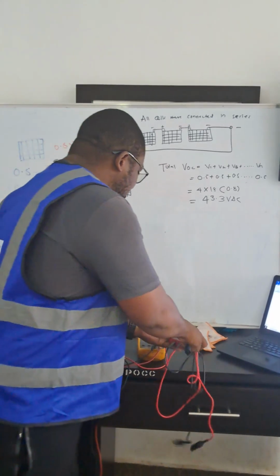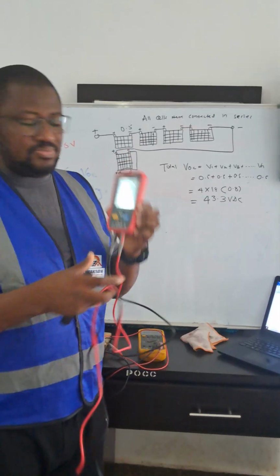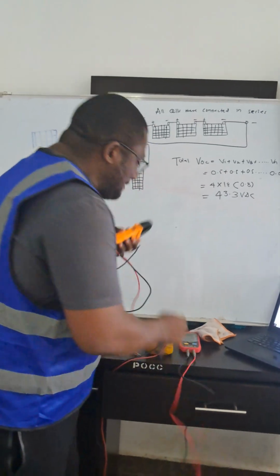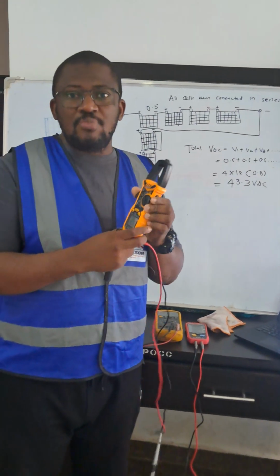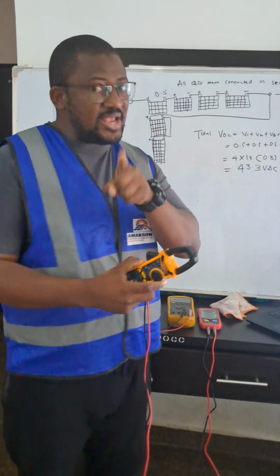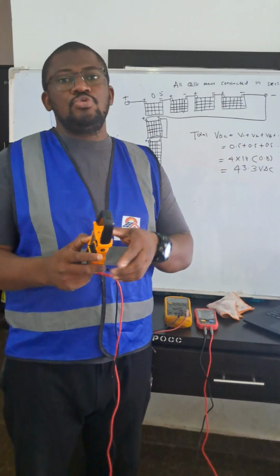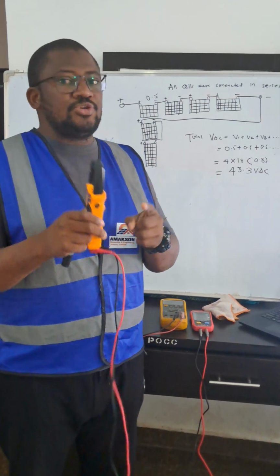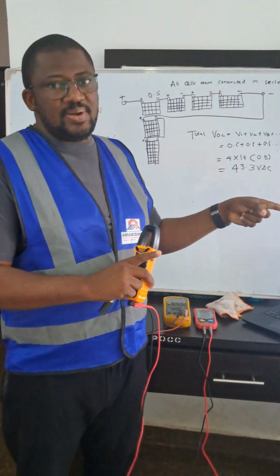Okay, so for instance, if I don't have this meter with me, I can manage to use the clamp meter to obtain the short circuit current of the solar panel. But mind you, I'm not encouraging you to short circuit the terminals of your solar panel.